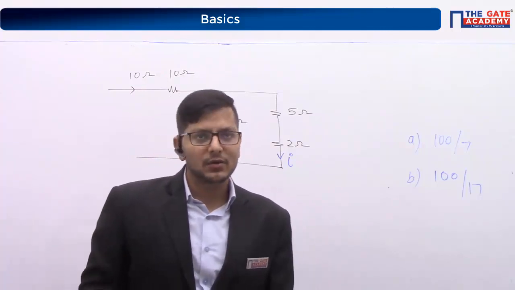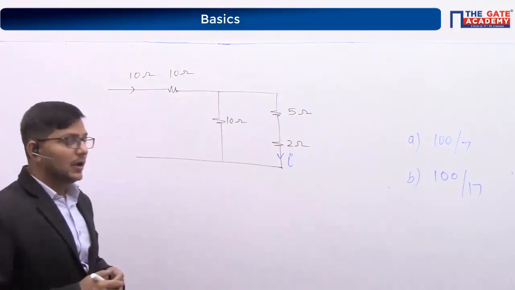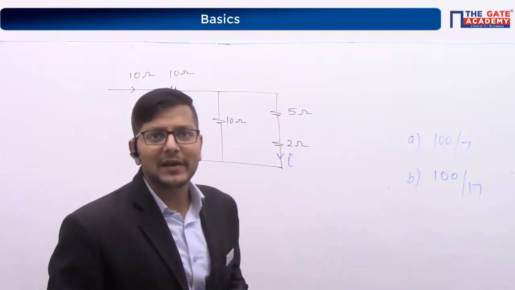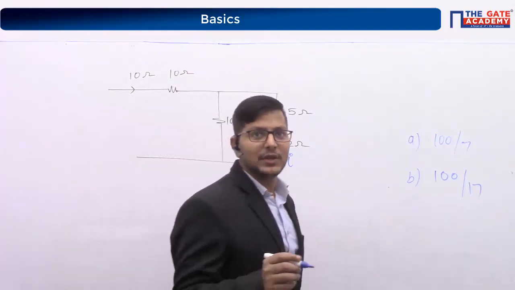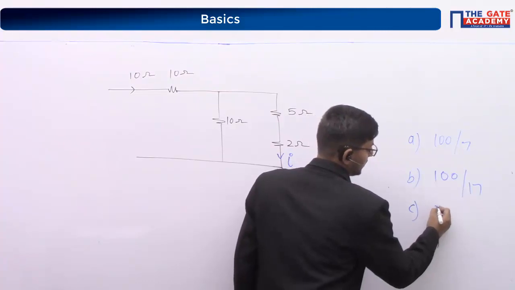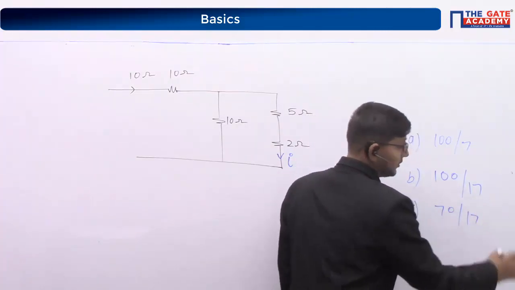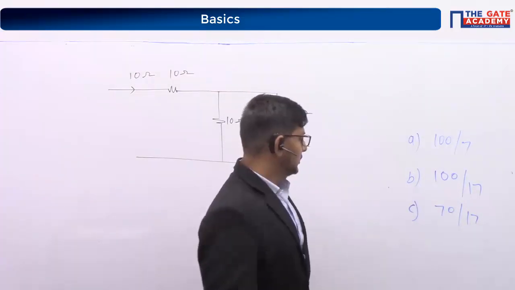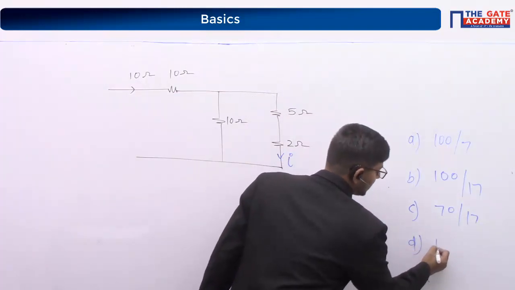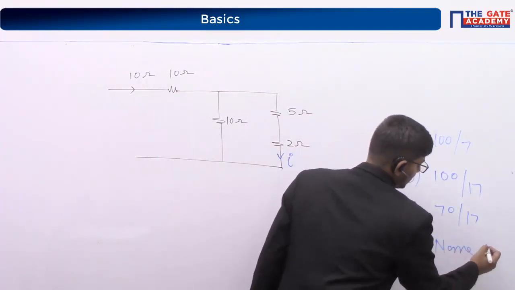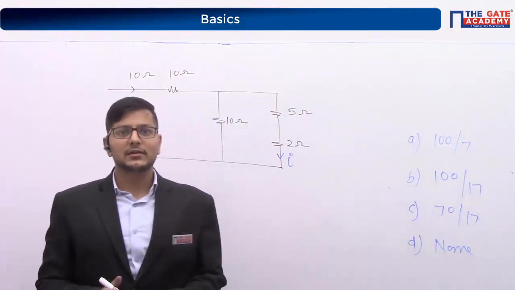Option C, by Shivani Sharma, it will be 70 by 17. Option D, none of these, from my side. Let me check which option is correct.